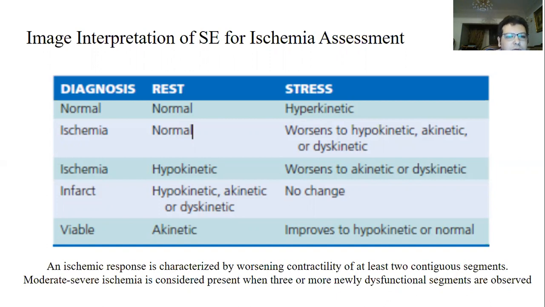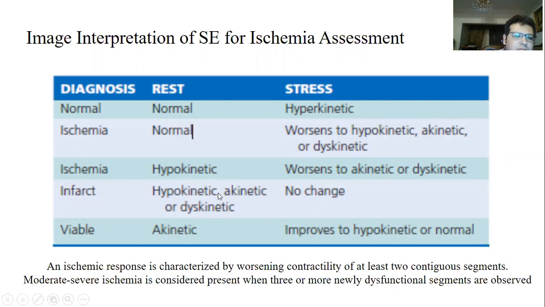The ischemic response: the segment at rest is normokinetic, and with stress it worsens to hypokinetic, akinetic, or dyskinetic. This worsening with stress is an ischemic response, whether the baseline was normal or hypokinetic that becomes akinetic or dyskinetic.